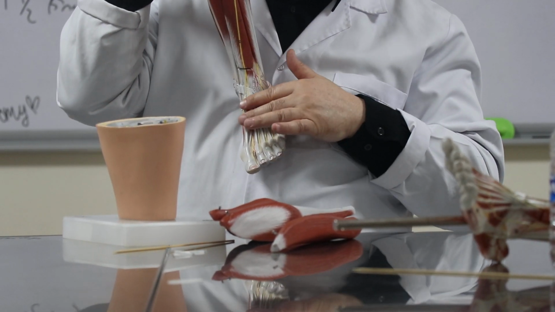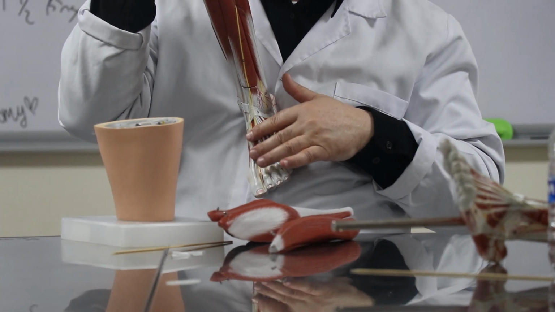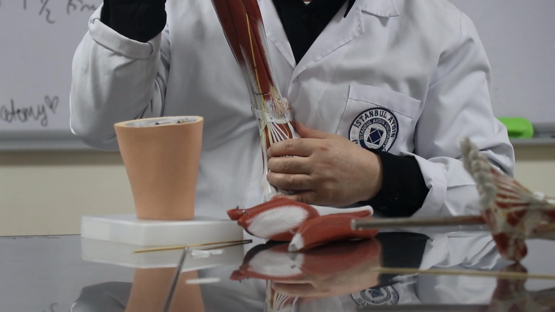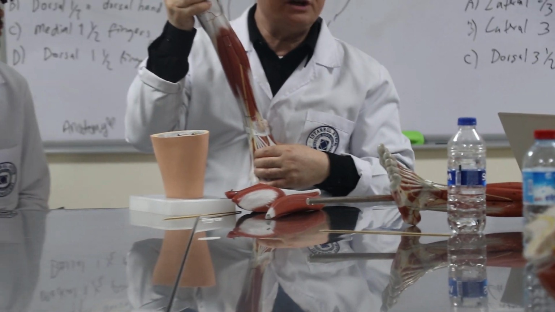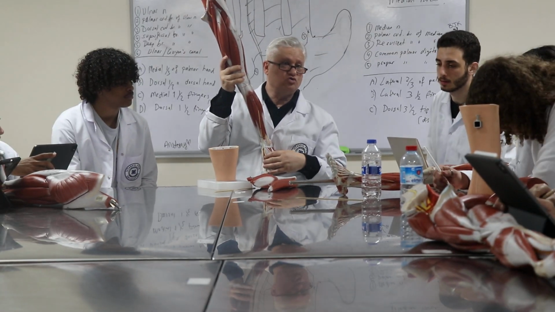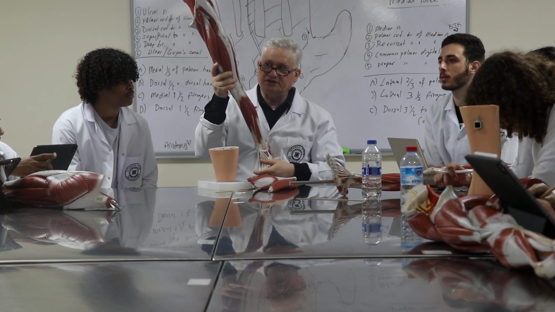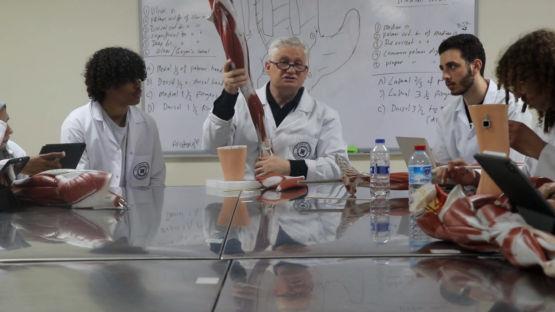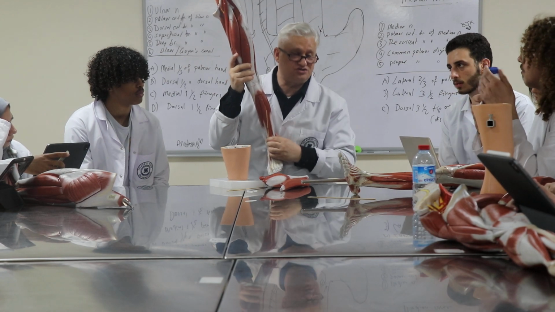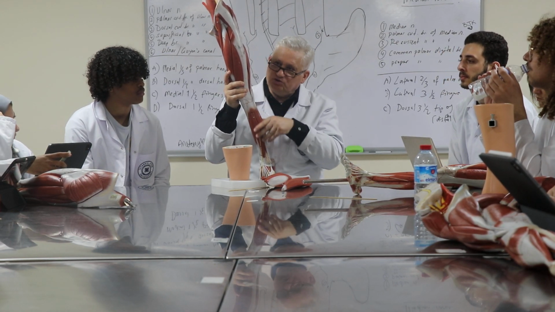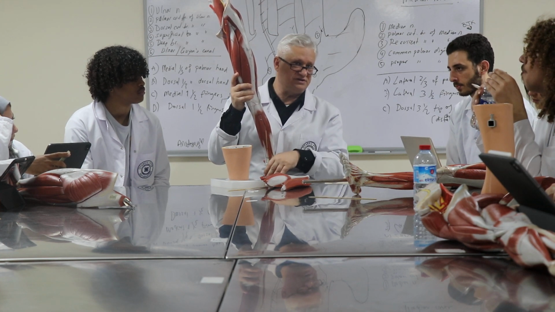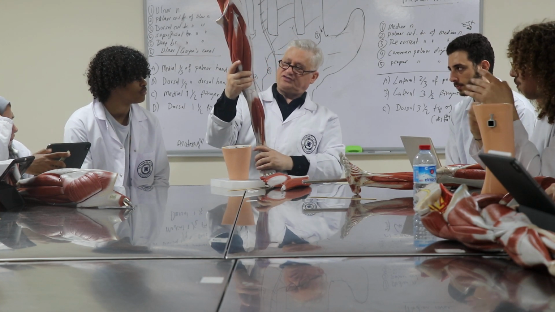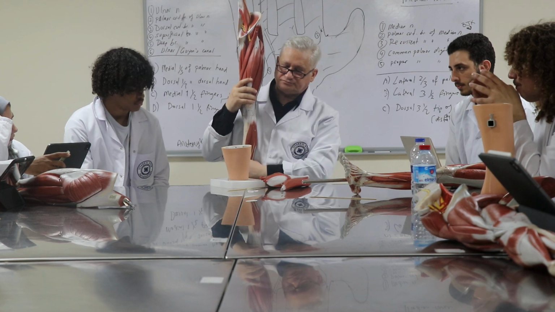So dorsalis pedis is a terminal branch of which artery? The anterior tibial. So the terminal branch of the anterior tibial artery is the dorsalis pedis. Okay. So that's the arterial supply.